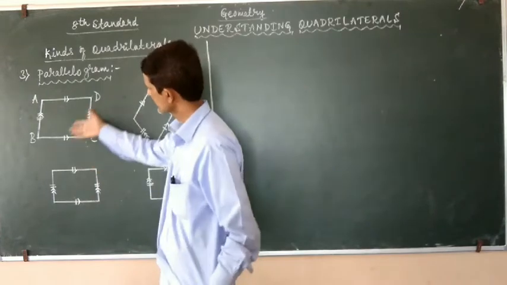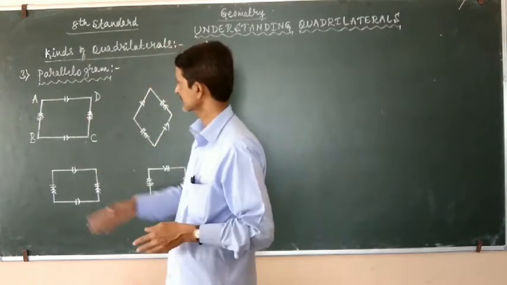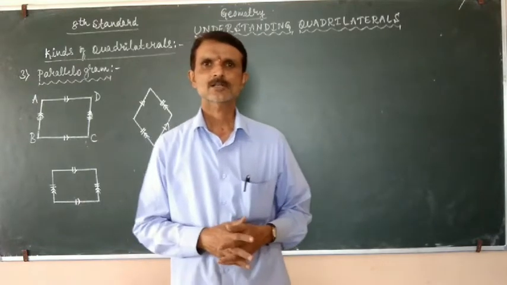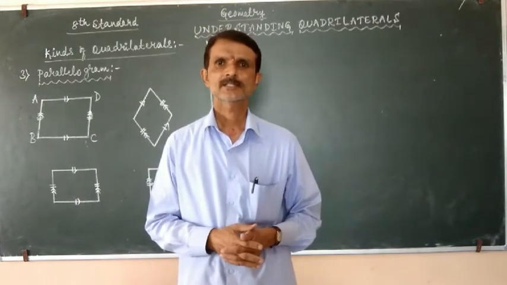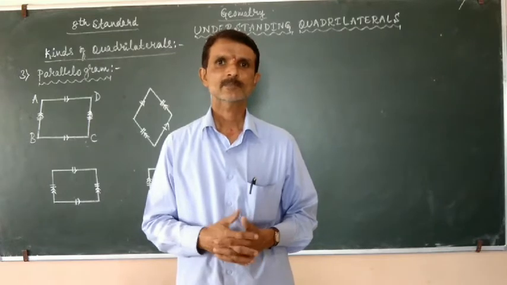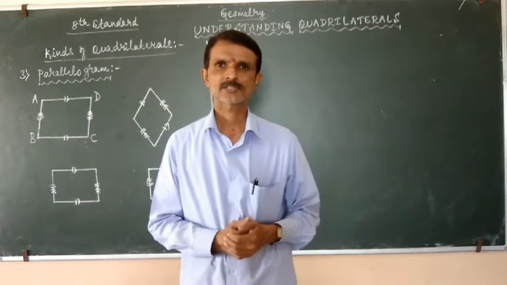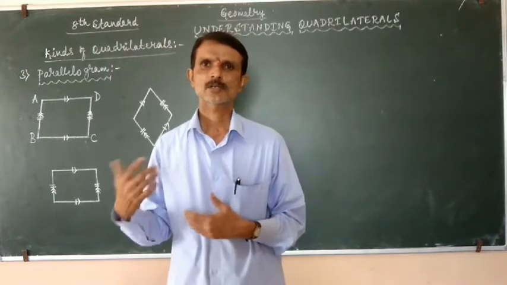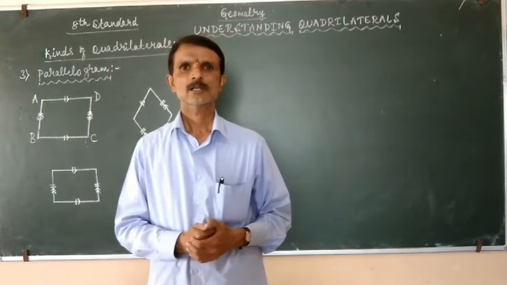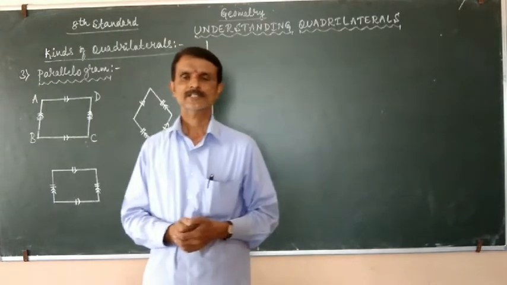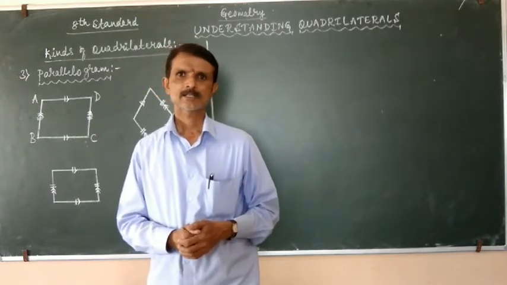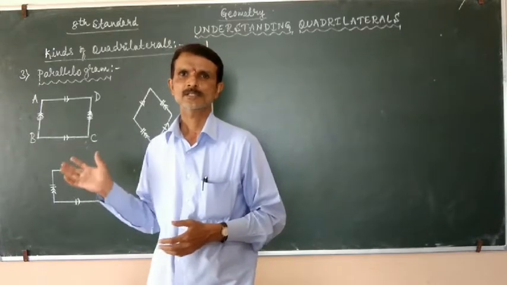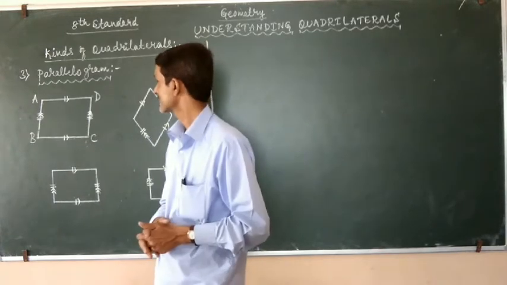So observe these figures. You might have seen this type of shape in instruments or sweets. Remember when you go to sweet stalls or to purchase some books or utensils, anywhere you might have seen these shapes.